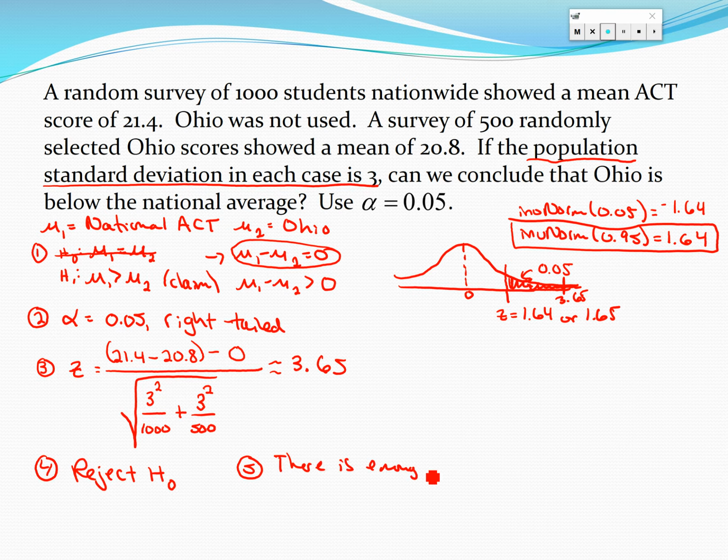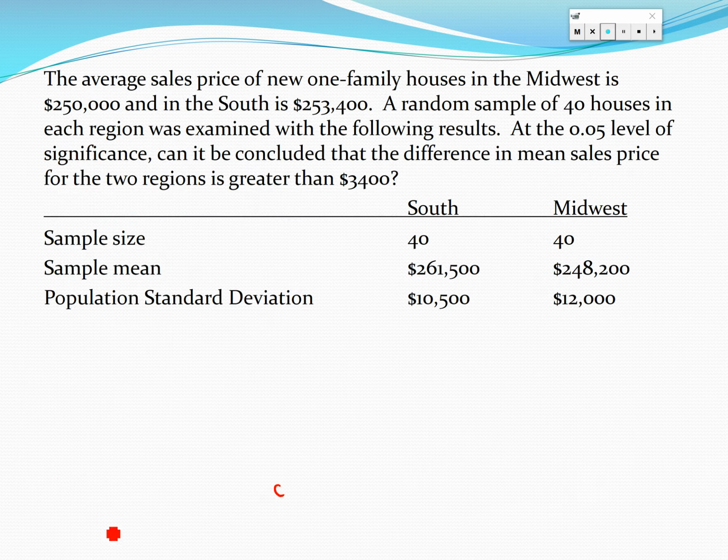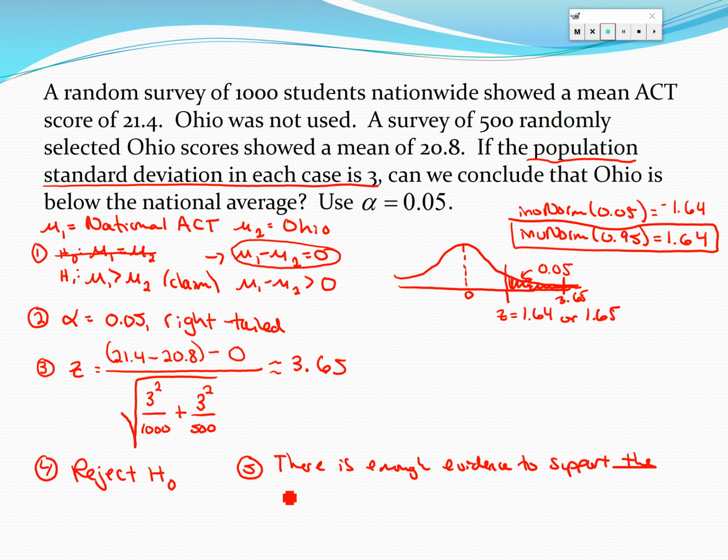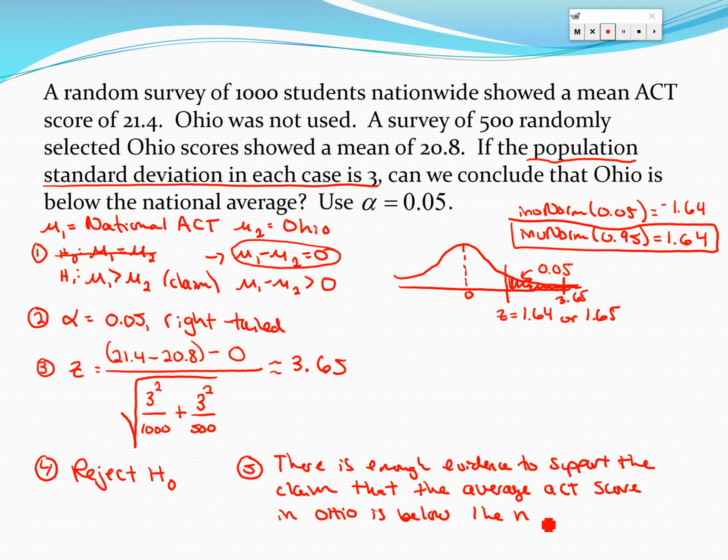So there is enough evidence to support the claim. The claim that the average ACT score in Ohio is below the national average.